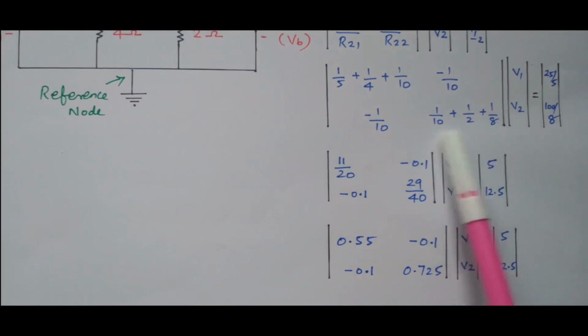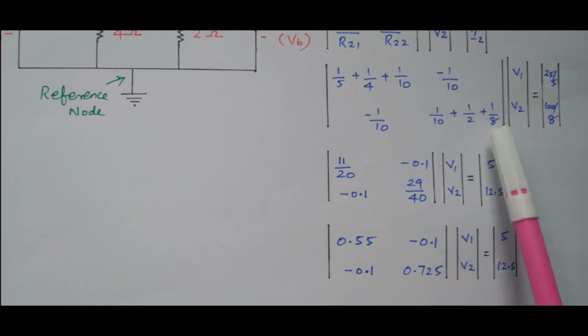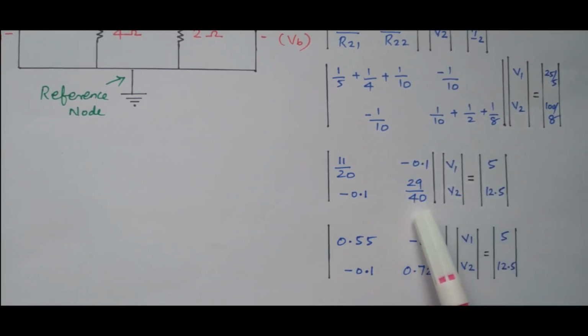So 11 by 20 is nothing but 0.55, minus 0.1, minus 0.1, and 29 by 40 is nothing but 0.725. Now it is further simplified: V1, V2. Then 25 by 5 is 5, and 100 by 8 is 12.5. Now we framed the matrix and simplified it also.